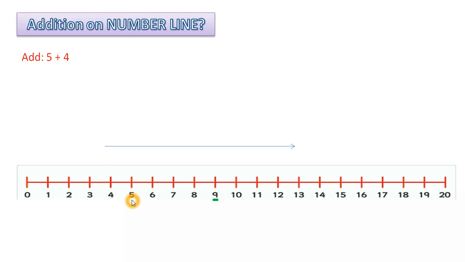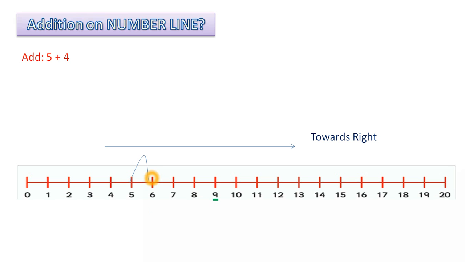Now with 5, we want to add 4. So basically, we will make jumps. How many jumps will we make? One jump. When I say one jump, it means one. So 5 plus one jump is 6. One jump is 1.